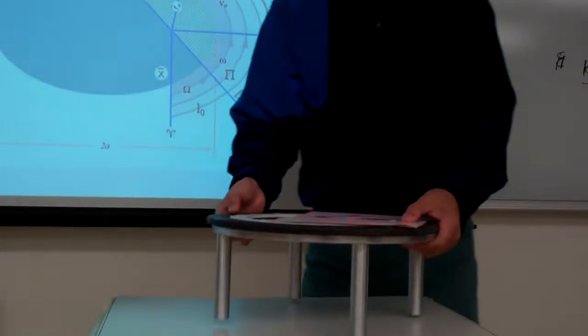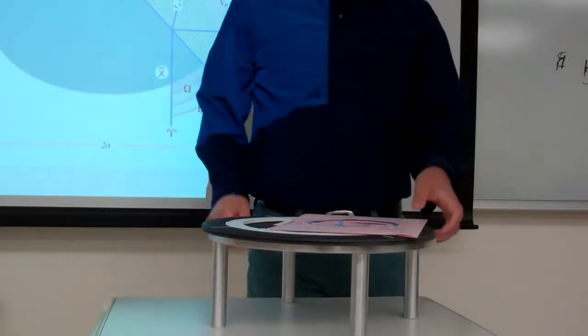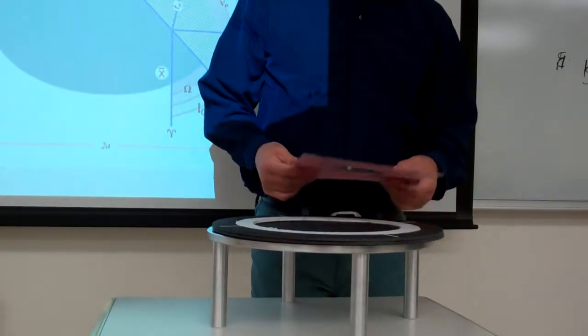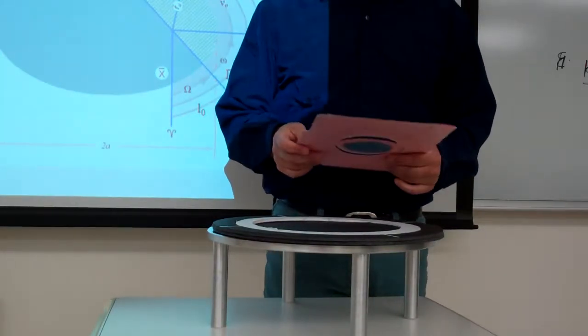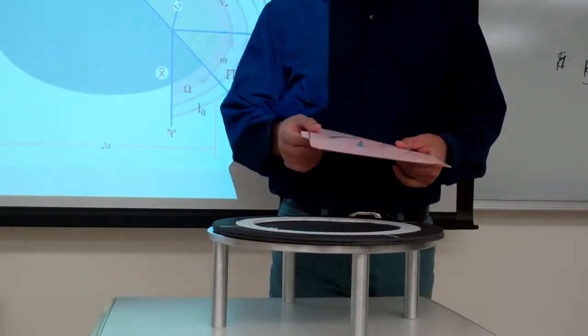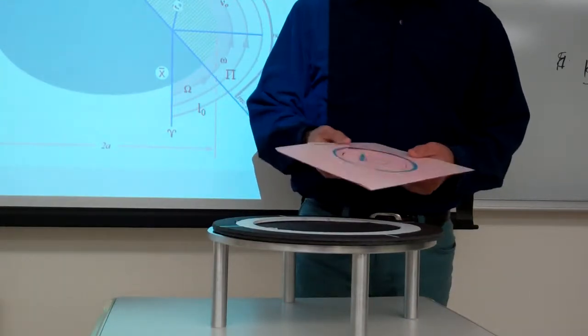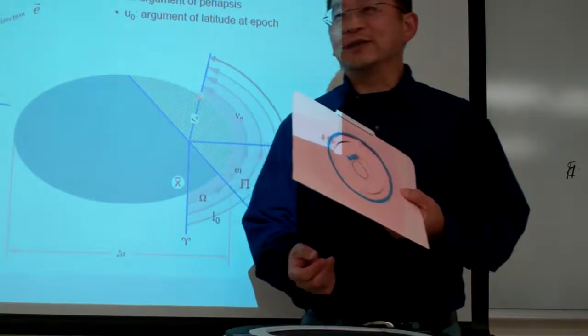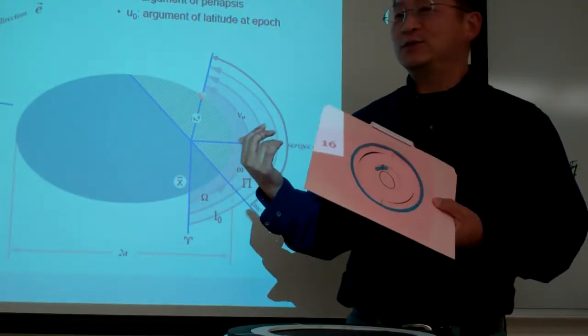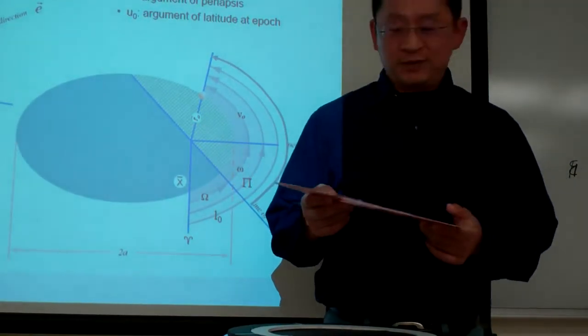Here is a story, just to show you how passionate I have been enjoying teaching this class. This is the second version of the teaching kits for showing the orbital elements.